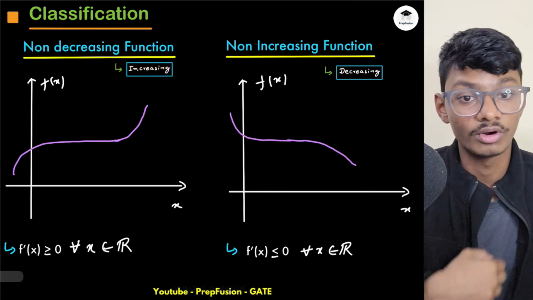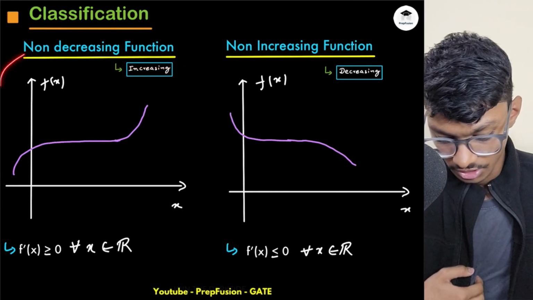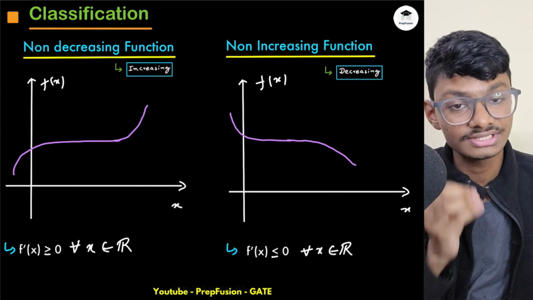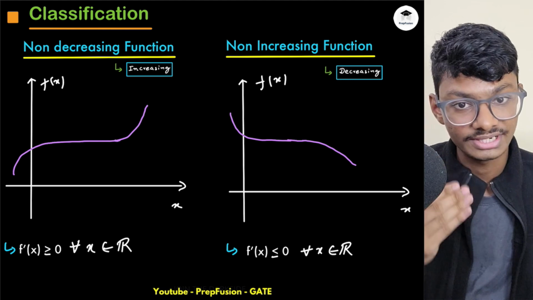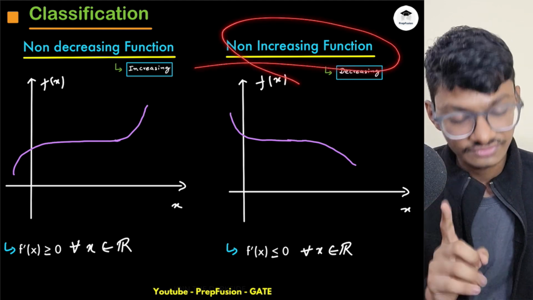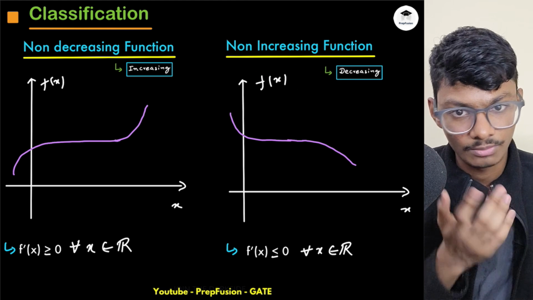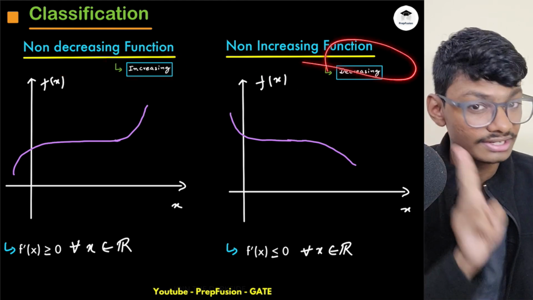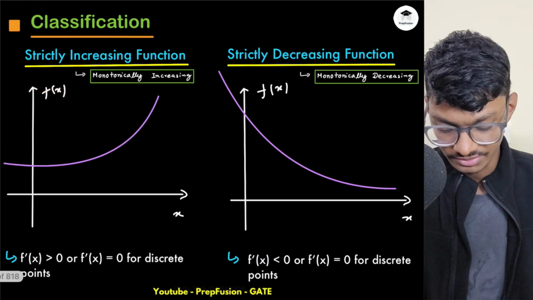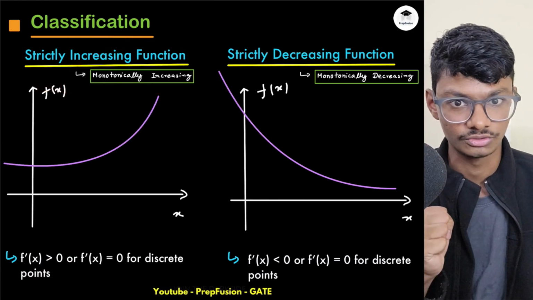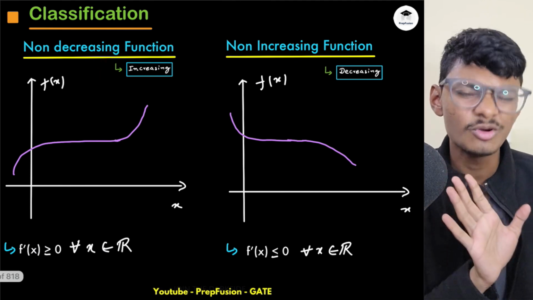Now what do you mean by a non-decreasing function? A non-decreasing function can also be said as increasing. A non-increasing function can also be said as decreasing, because those are strictly increasing or strictly decreasing. I am just saying increasing with low pressure. When I'm saying strictly increasing, it should always increase. But here I'm saying okay, increasing.